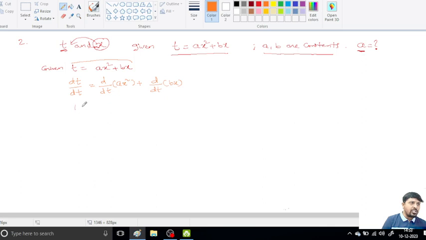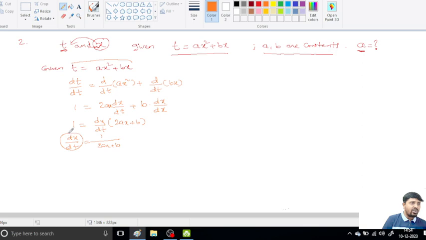So dt by dt becomes 1 equals 2ax dx by dt plus b dx by dt. So we can write 1 equals dx by dt taken as common, times 2ax plus b. Then dx by dt becomes 1 over 2ax plus b.